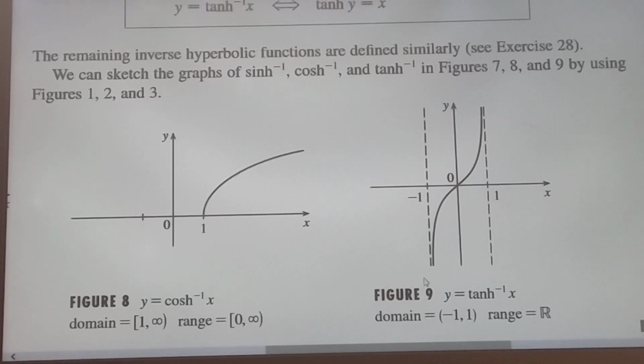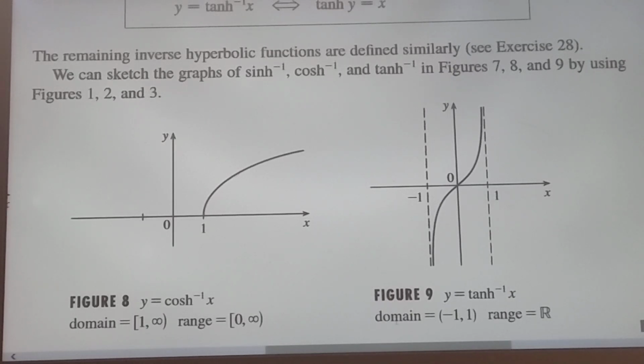All right, so domain is equal to -1 up to 1, but not including. This round bracket is different from the square bracket. When you see the domain is written with a square bracket, it means including, excluding infinity, because infinity is not a number.